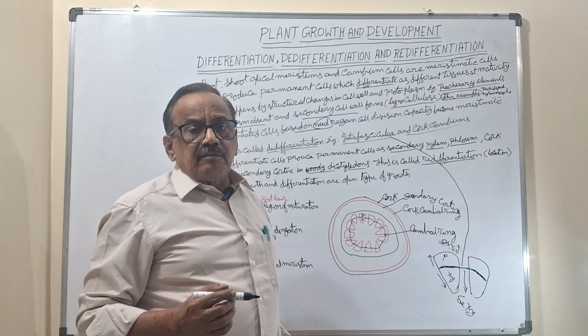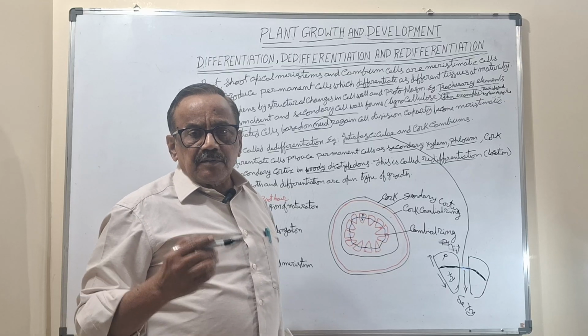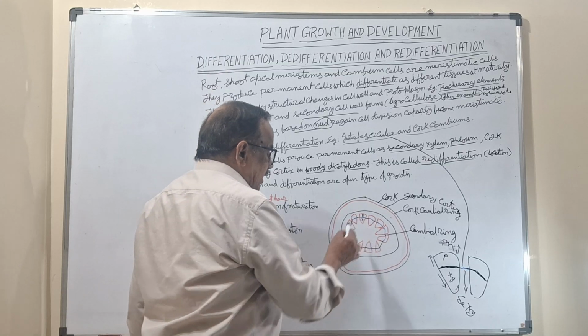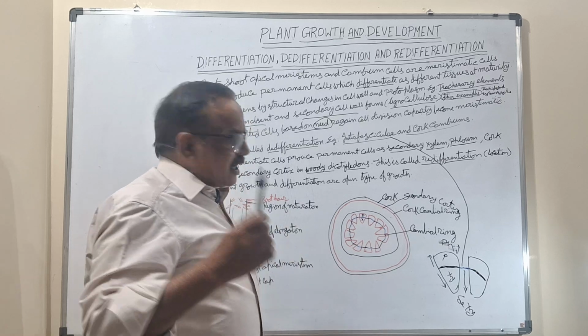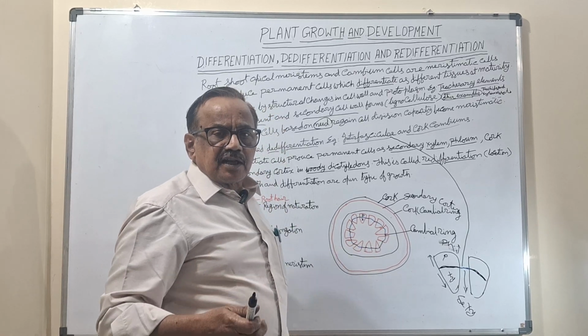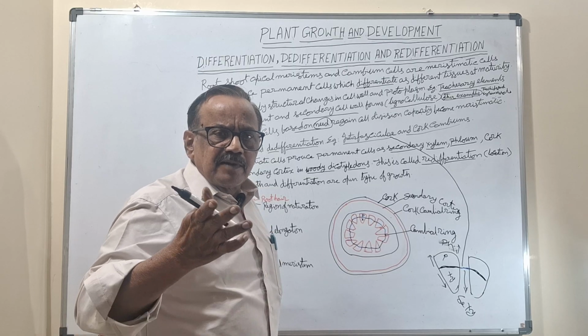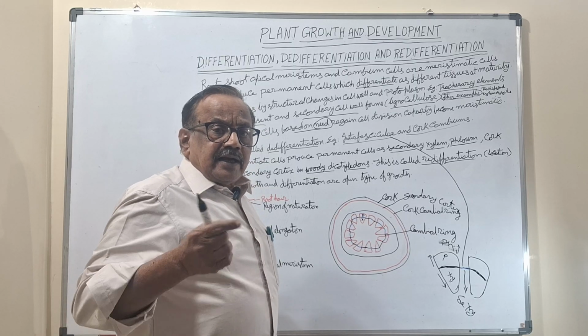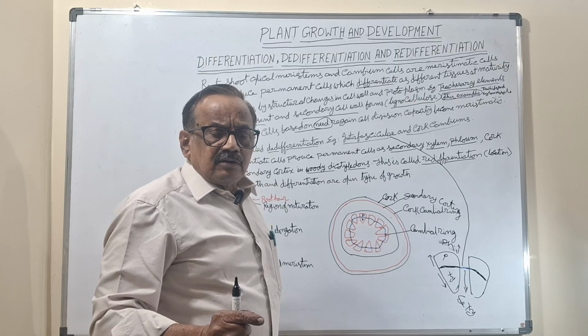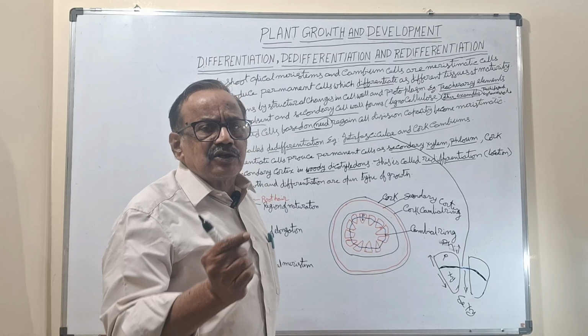So the cambium is de-differentiated, from the medullary rays made up of parenchyma; the cortex is also made up of parenchyma. These parenchyma cells regain the cell dividing capacity and become meristematic, and produce new permanent cells which will be converted into tissues.